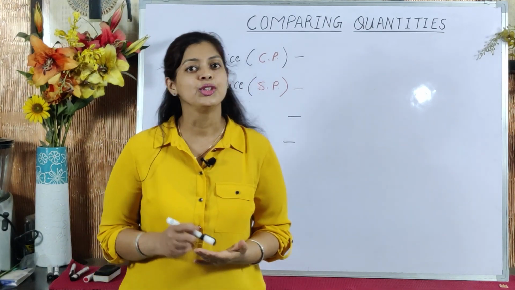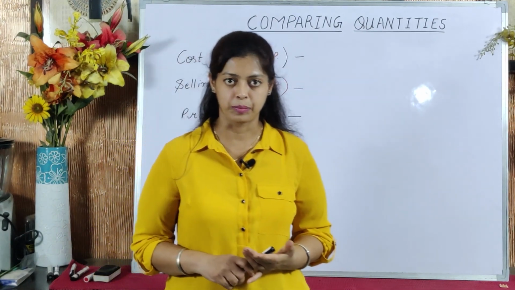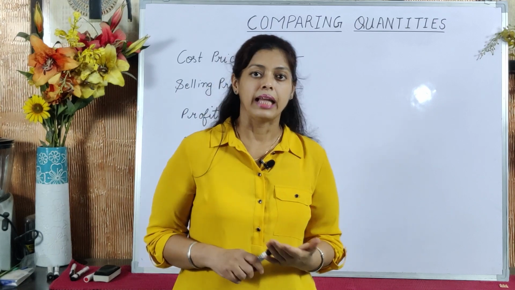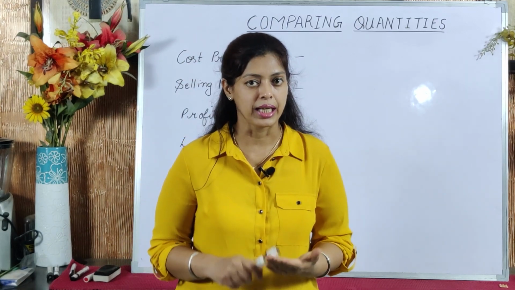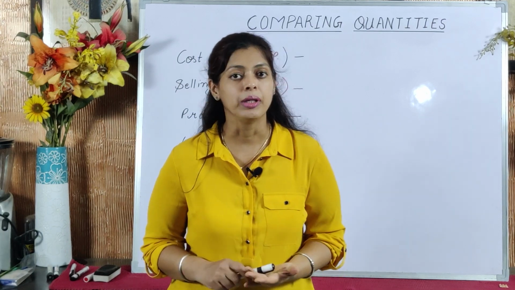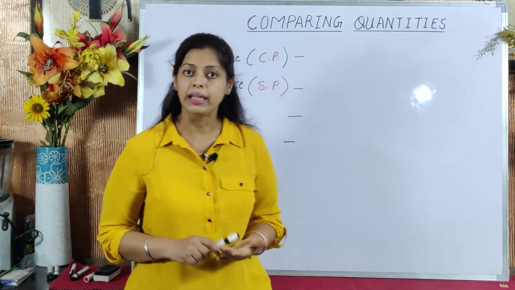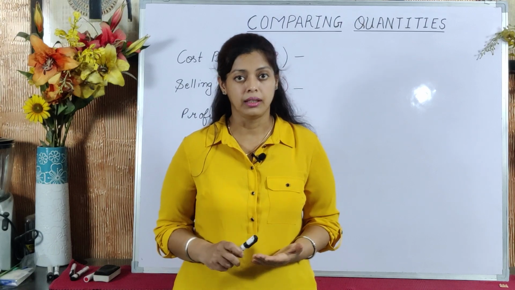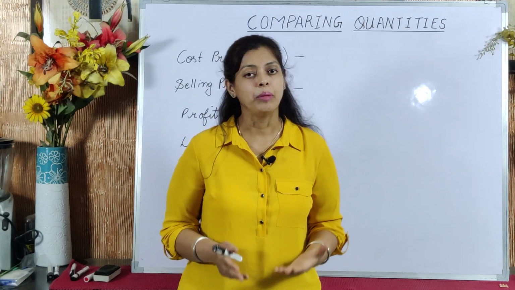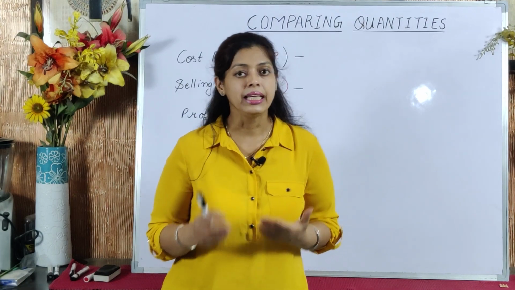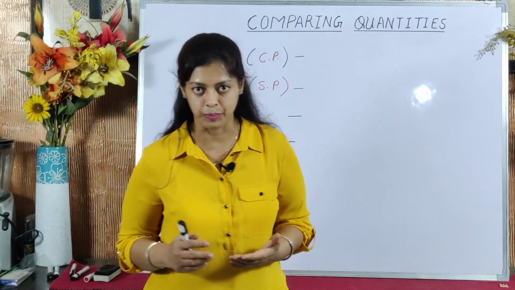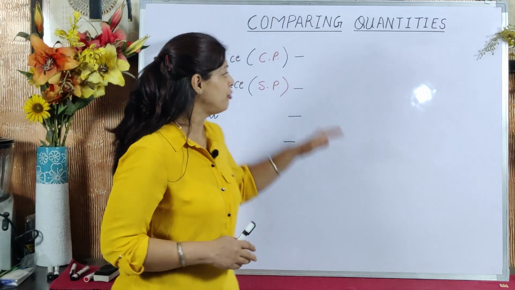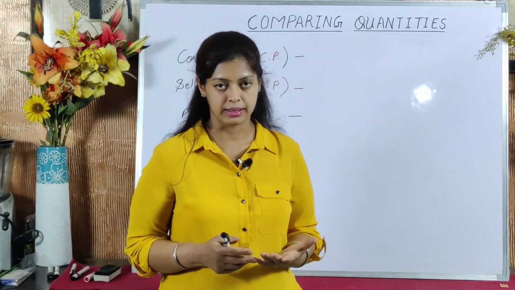Now one thing which you have to remember in case of cost price is that if any overhead expenses such as transportation, labor charges, repair or maintenance charges are incurred on the product while buying the product, then these expenses are required to be added to the cost price. And then you get the effective or the final cost price.